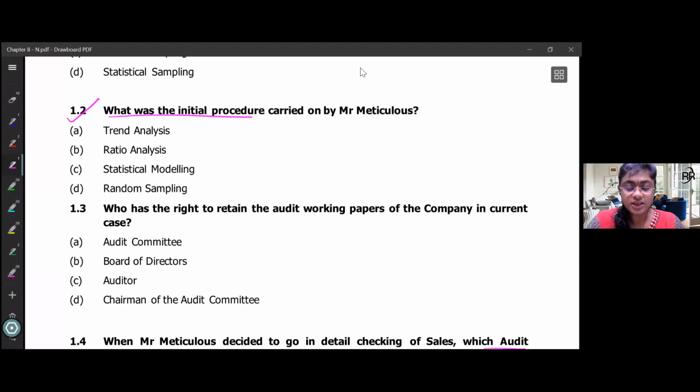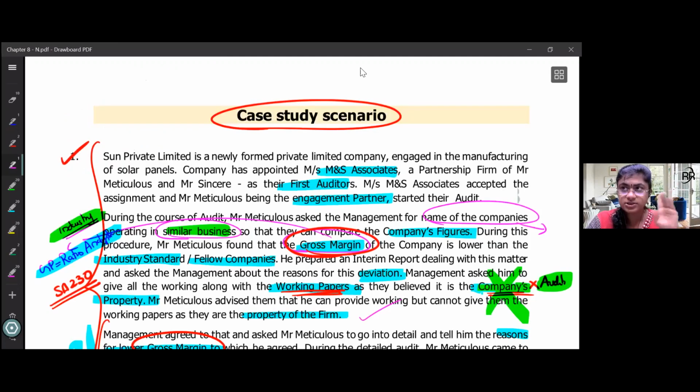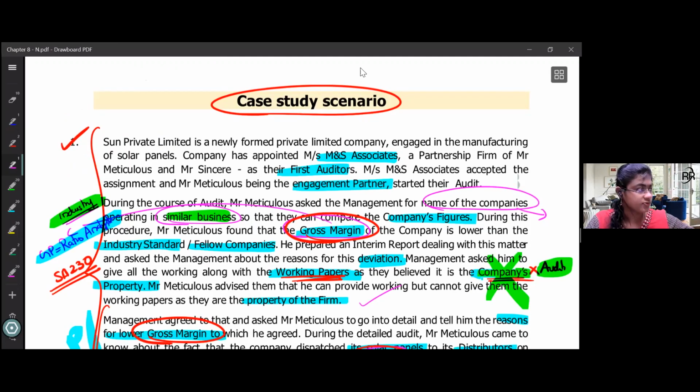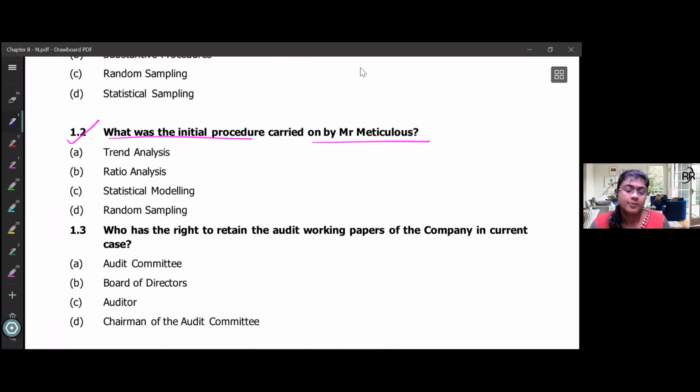What was the initial procedure carried on by Mr. Meticulous? Initial procedure, meaning what he was first doing. He was checking the gross profit margin, meaning GP ratio. Nothing but he was doing ratio analysis.